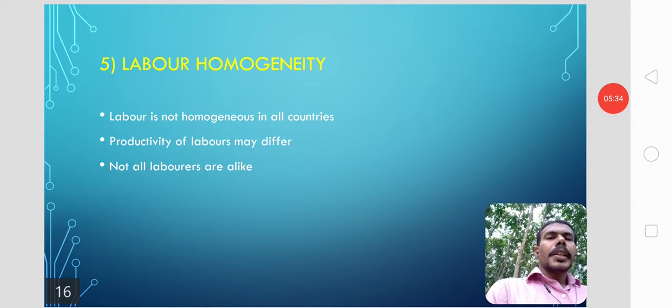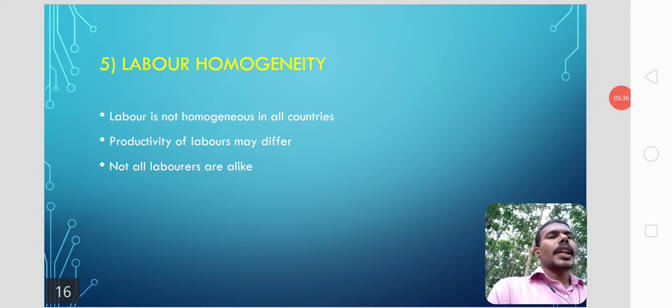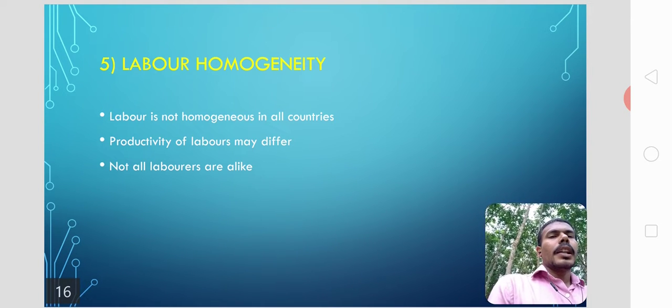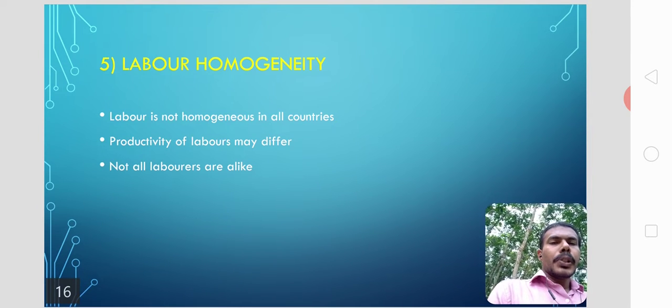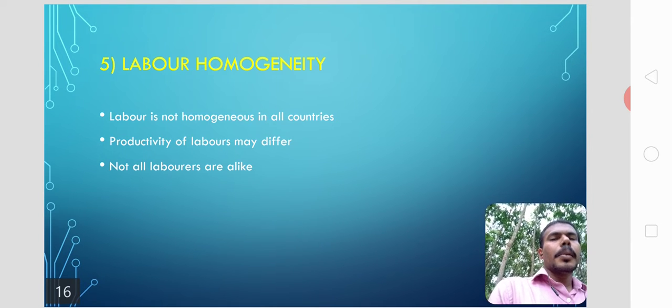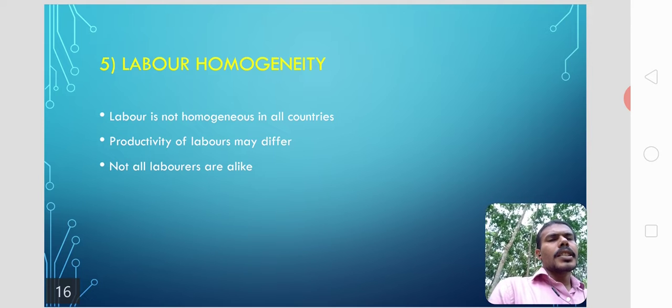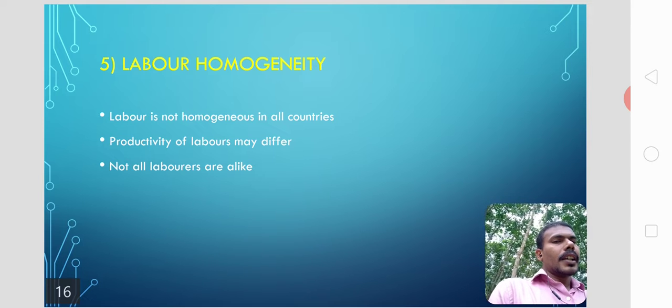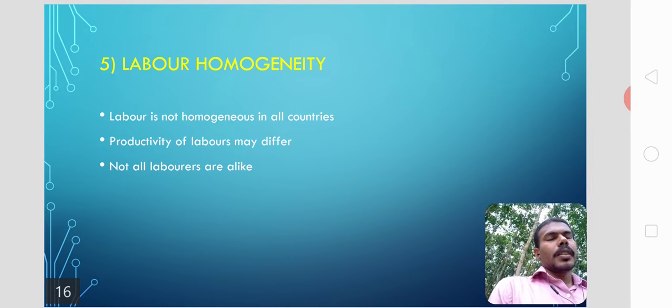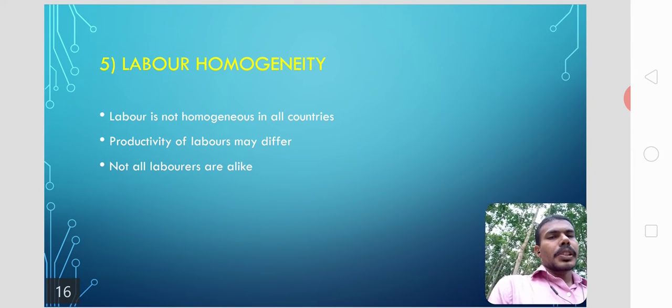Another criticism is on labor homogeneity. According to the absolute advantage theory, all laborers are alike in terms of productivity, in all nations. But this is not in fact a true assumption. As you know, labor may differ in terms of productivity within one nation.